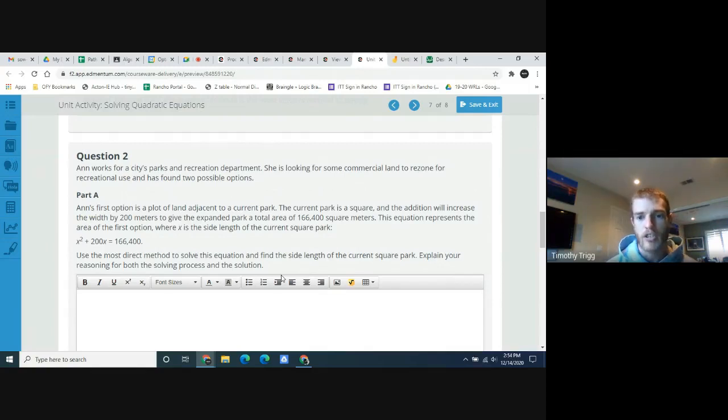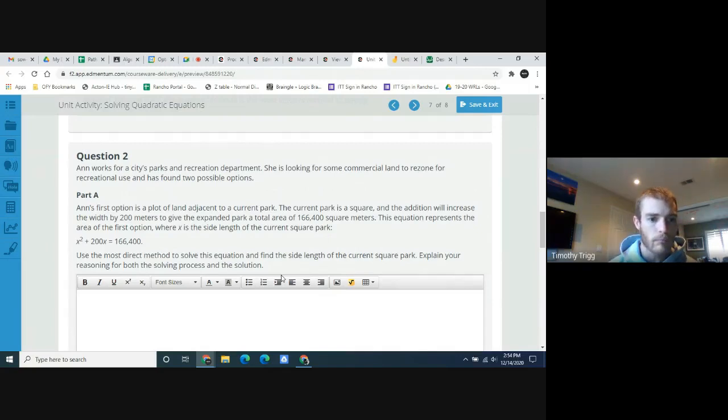The current park is a square, and the addition will increase the width by 200 meters and give the expanded park a total area of 166,400 square meters. This equation represents the area of the first option, where x is the side length of the current square park. So here's the equation there.